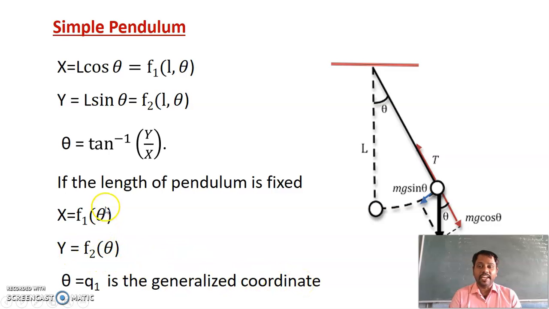Hence, theta can be represented by the generalized coordinate q1. So theta is sufficient to describe the motion of a simple pendulum.